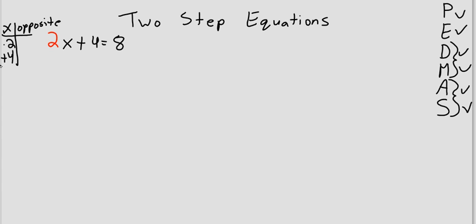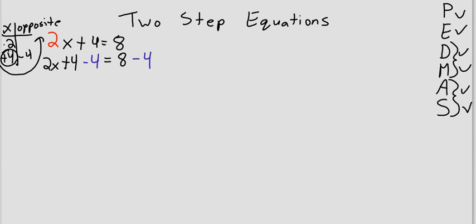Now what we're going to do is actually go in the opposite direction. The last thing that happened to x was plus 4, so that's the first thing we're going to fix. So we do the opposite operation to both sides, which is subtract 4. Once again, we rewrite our entire equation, so we end up with 2x plus 4 minus 4 is equal to 8 minus 4.